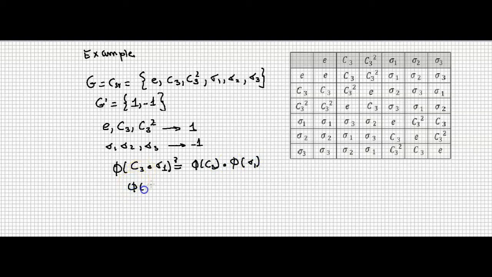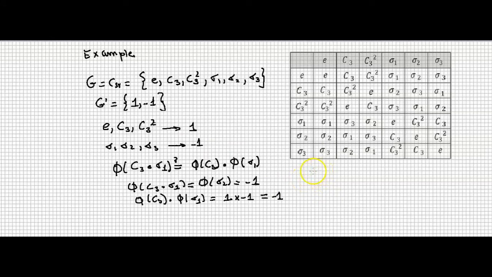So phi of C3 multiplied by sigma 1, if I look at the multiplication table here, C3 multiplied by sigma 1 is equal to sigma 2. So it's phi of sigma 2, and it's equal to -1 here. And phi of C3 multiplied by phi of sigma 1 is 1 for C3 multiplied by -1 for sigma 1. So it's equal to -1.